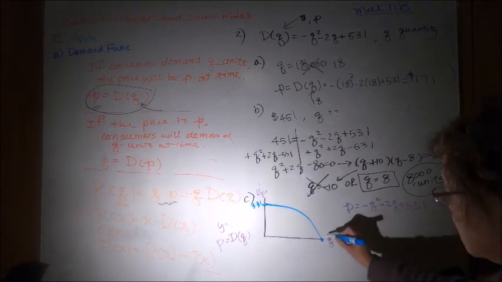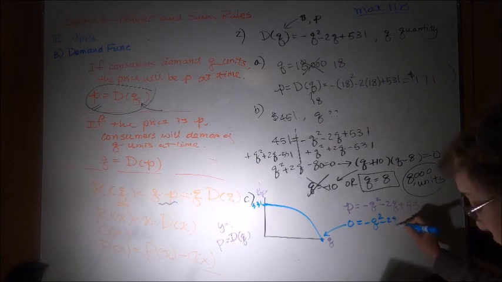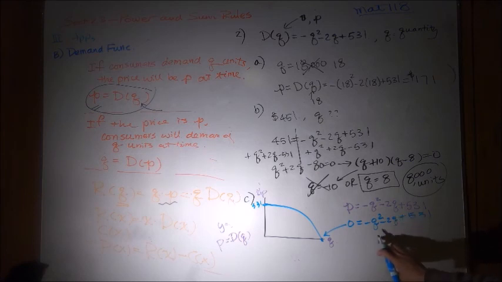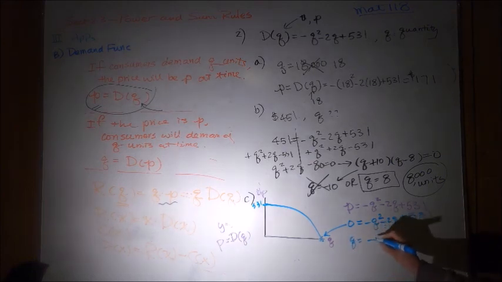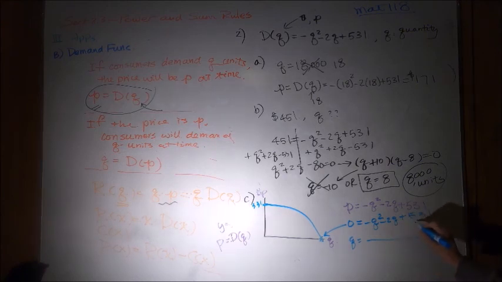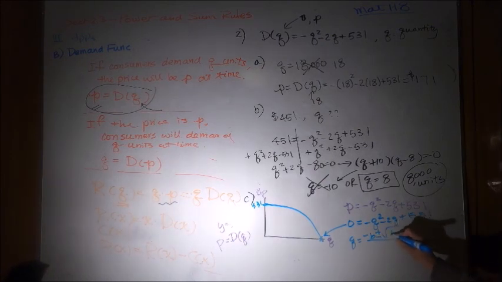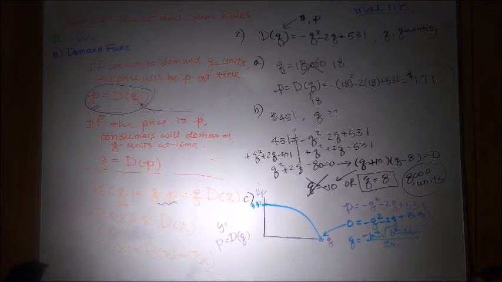So for this point, it means 0 equals negative Q squared minus 2Q plus 531. Then how do we solve for Q? Here, with the quadratic equation, Q equals negative B plus or minus the square root of B squared minus 4AC, all over 2A. That's in your 152B class.